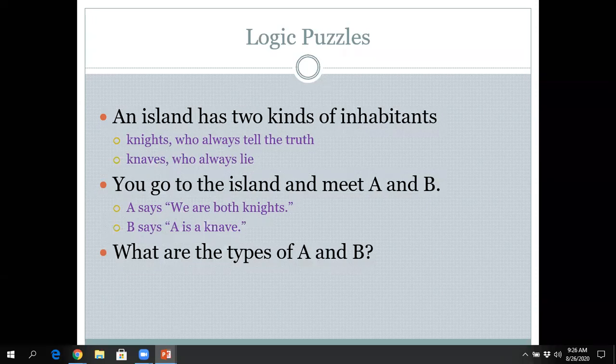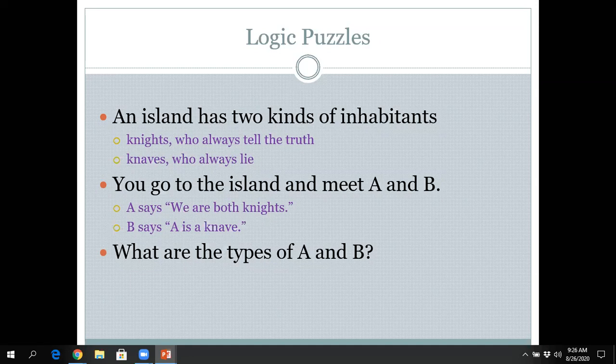Okay? If A was a knight, he would be telling the truth. And if he's telling the truth, that means B would have to be a knight, and so he would also have to tell the truth, which he doesn't. Make sense? So could A be a knight? No. So A must be a knave.